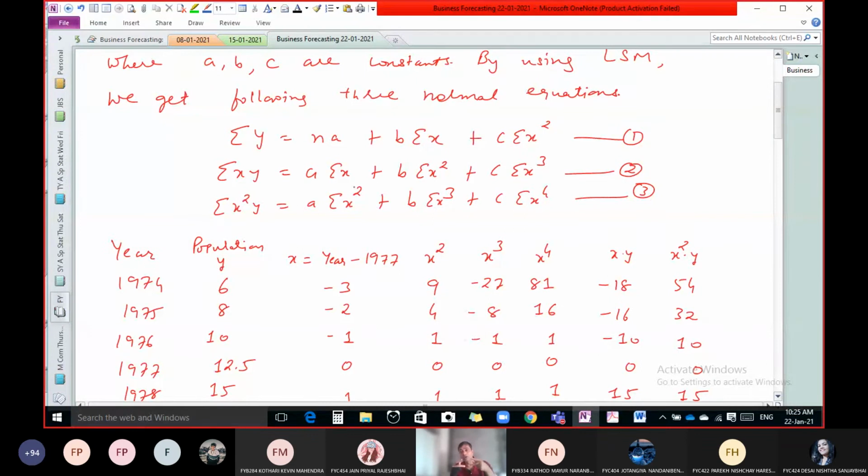What do we require to do? We have to eliminate a from equations 1 and 2. Then we have to eliminate a once again from equations 2 and 3. If you eliminate a from 1 and 2, you get another equation in terms of b and c. If you eliminate a using equations 2 and 3, we get another equation in terms of b and c.